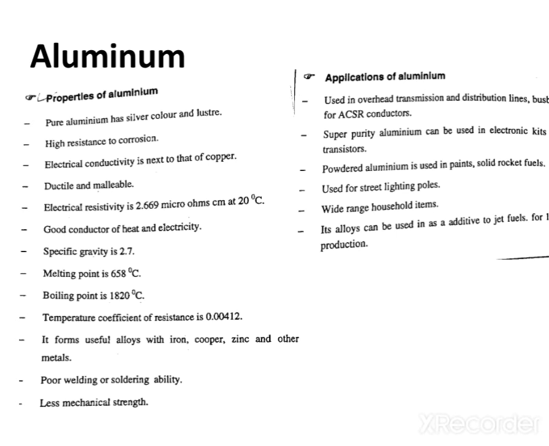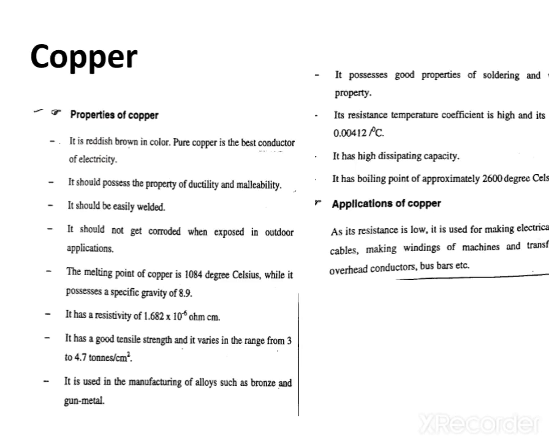As you can see here, it is reddish brown in color and pure copper is the best conductor of electricity. And it should possess the properties of ductility and malleability. Ductility means we can make wires from this material, and malleability means we can shape the material.